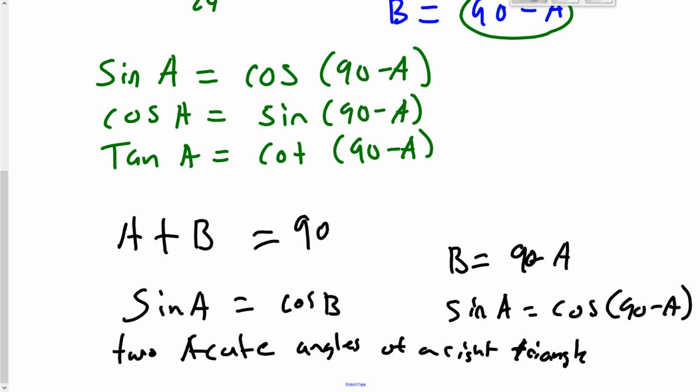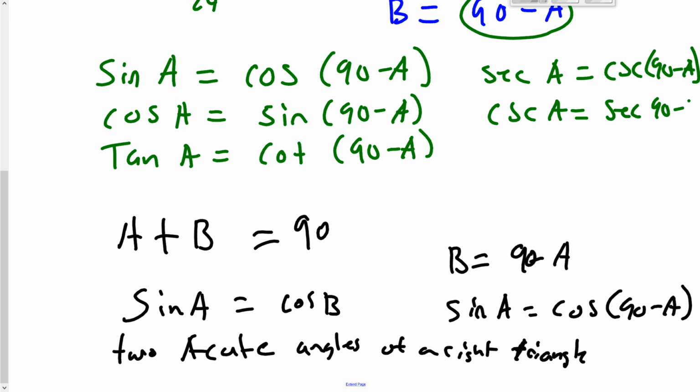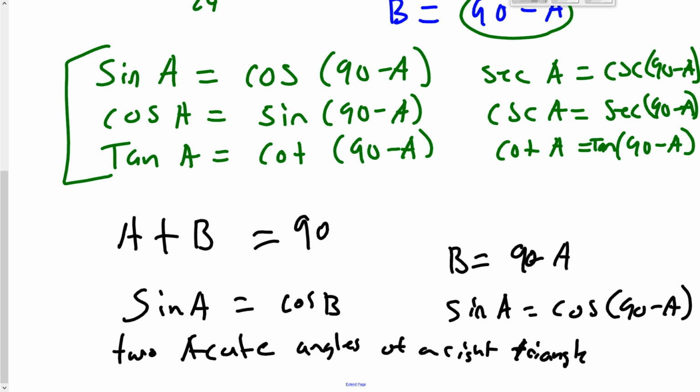And then you can also do the reciprocals, right? So secant of A is cosecant of 90 minus A. And then flip it around: cosecant of A is secant of 90 minus A. And then we can flip the tangent one: cotangent of A is equal to tan of 90 minus A. Okay, so really all you need is these three, because then you just have to switch them around.